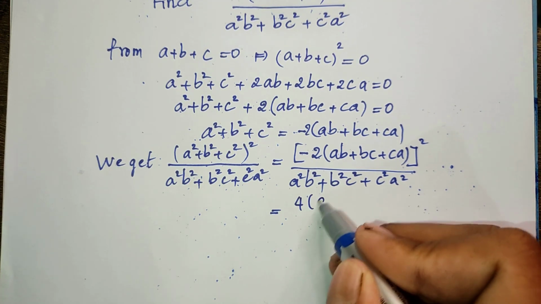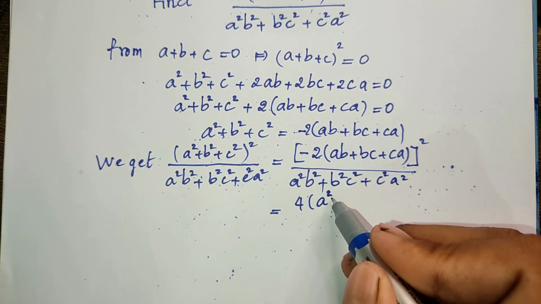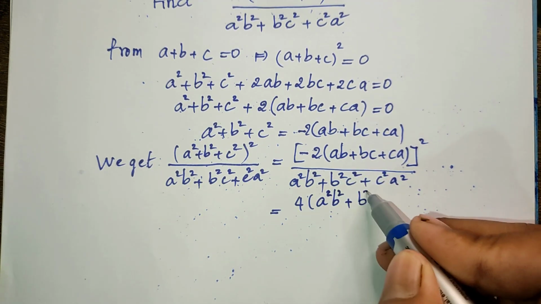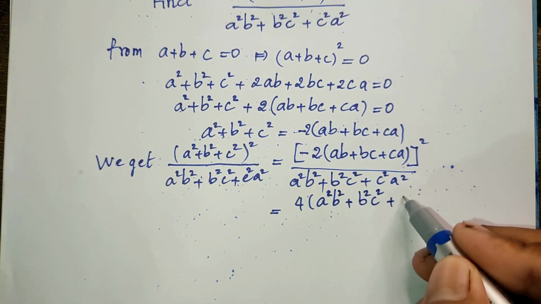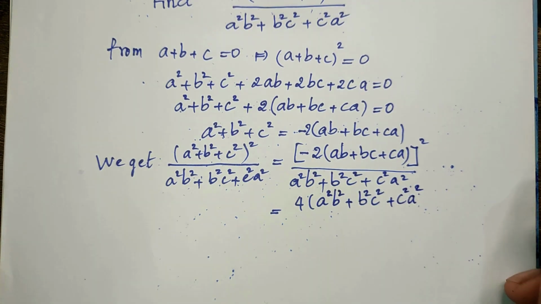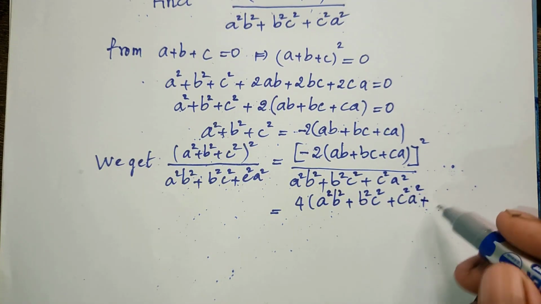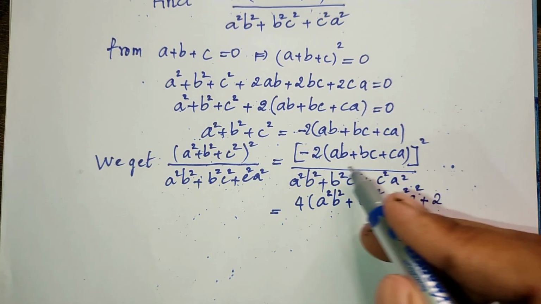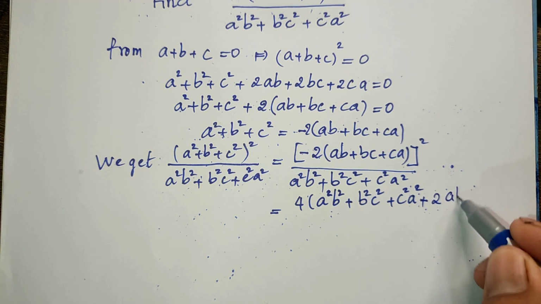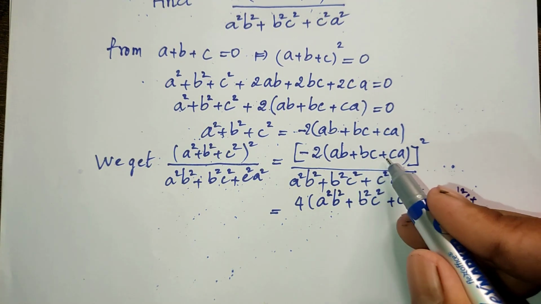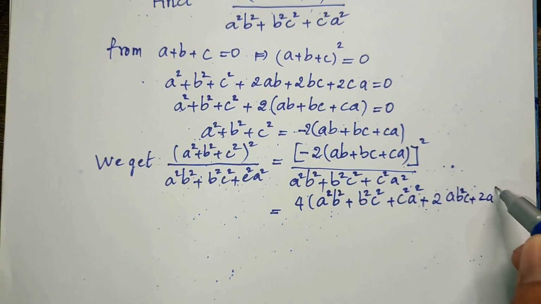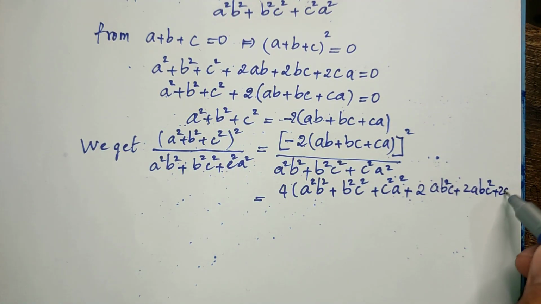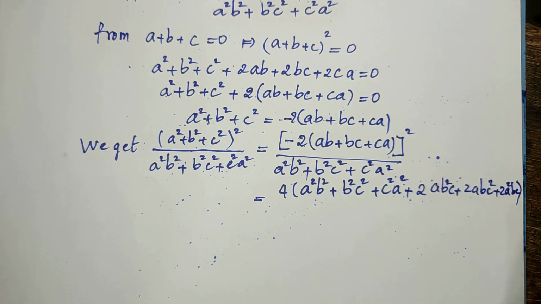And this is equal to A squared B squared plus B squared C squared plus C squared A squared, plus the double products of these terms, which give 2AB squared C plus 2ABC squared plus 2A squared BC.